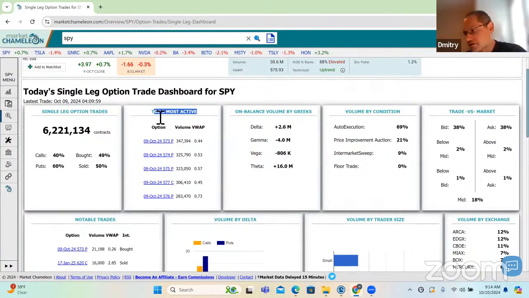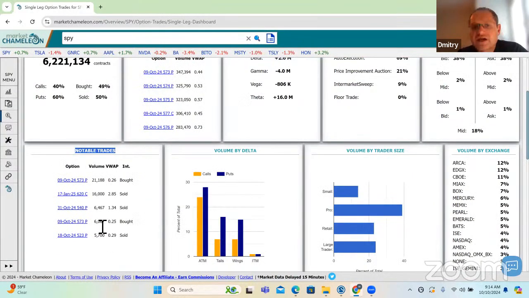Okay, so that will include all the trades accumulating from the start of day. But notable trades are just looking at larger trades within that. Even if you have a lot of volume, there could be a lot of small trades that added up. This is looking at notable trades, what appears to be the largest trades.